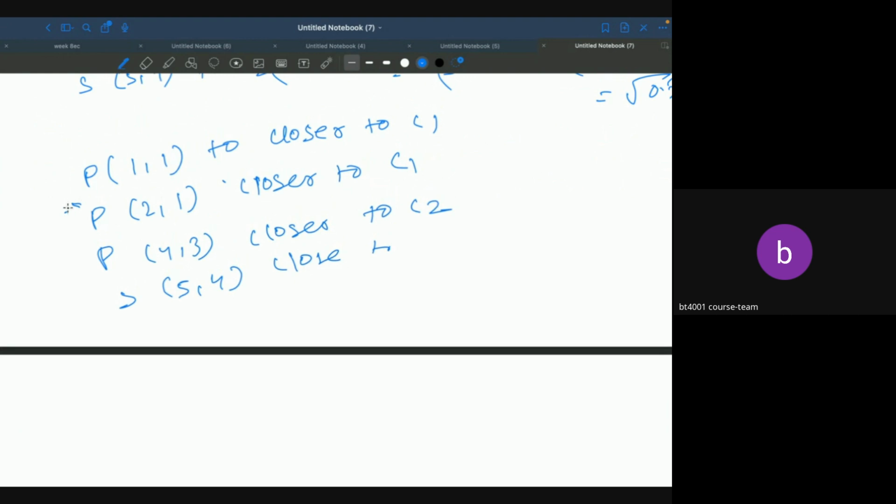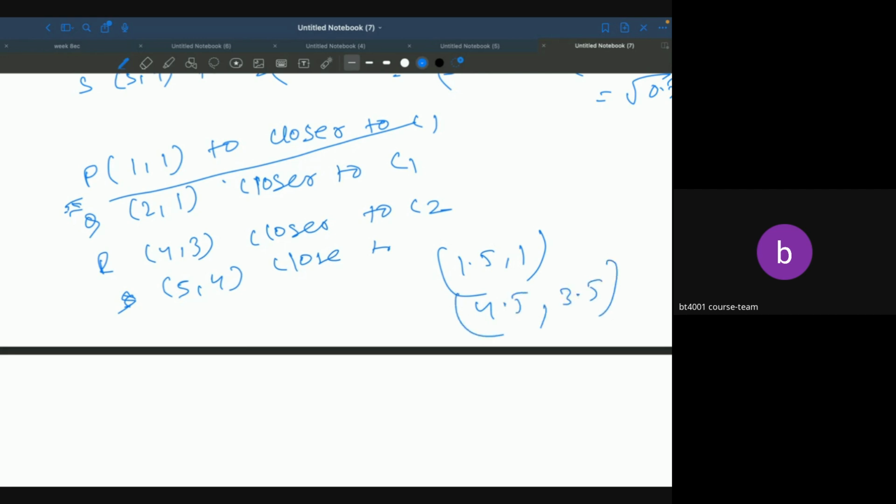This is P, this is Q, this is R, this is S. So you can see that after the first assignment, whatever the centers are, they do not change, right? After two iterations, it's the same. So the final centers will be (1.5, 1) and (4.5, 3.5), right?